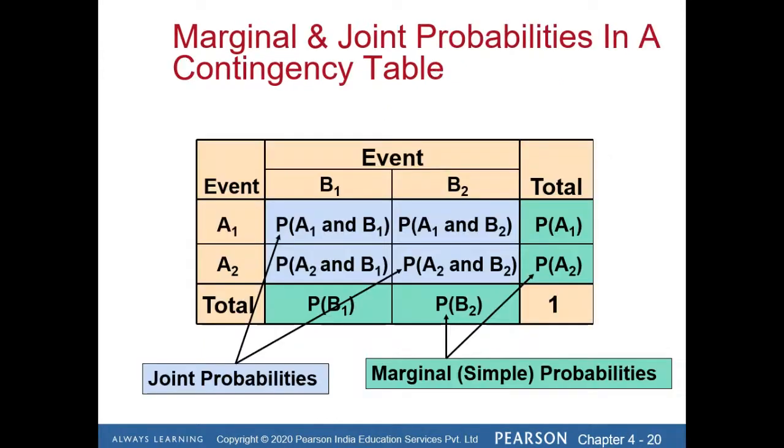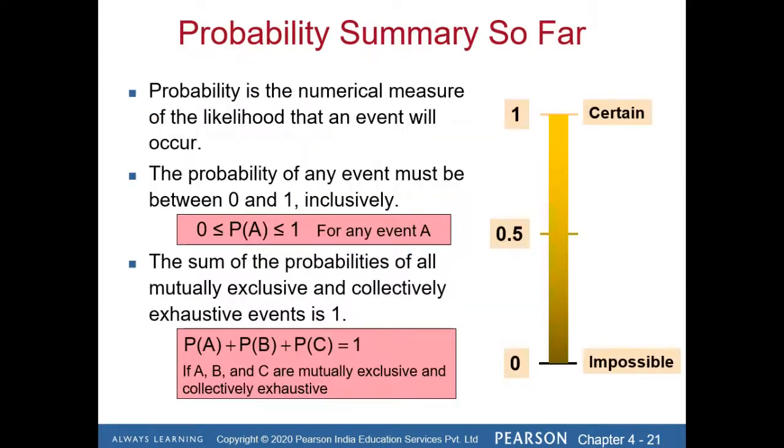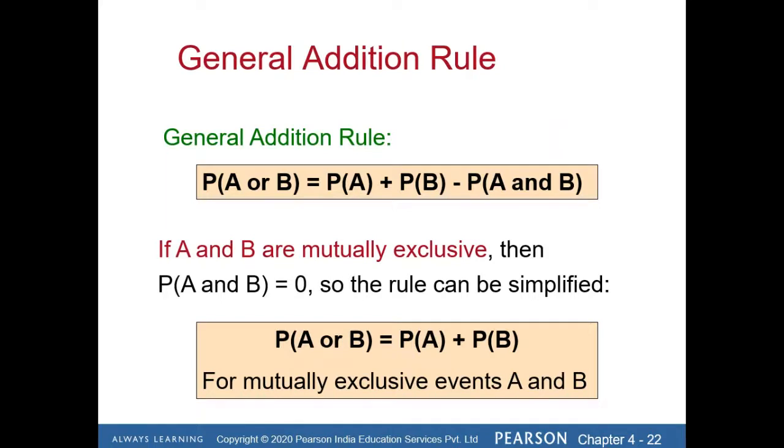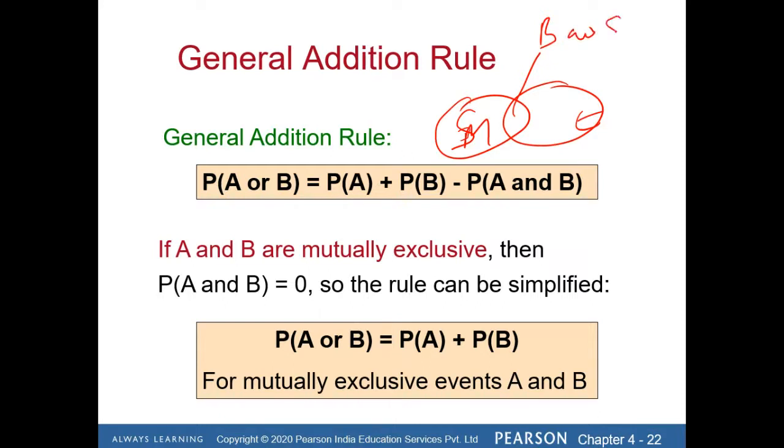Similarly, in this example, we can use the general addition rule. If the events are collectively exhaustive, and there are common events, for example students who opted for mathematics, statistics and economics, and a few who have opted for mathematics and statistics together.